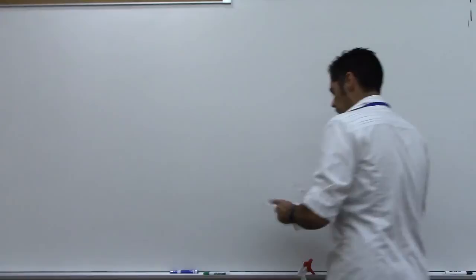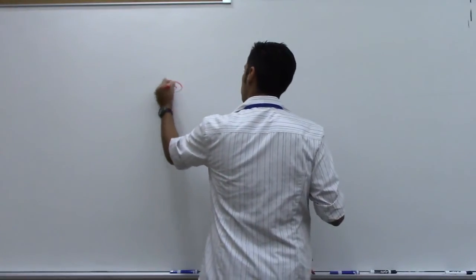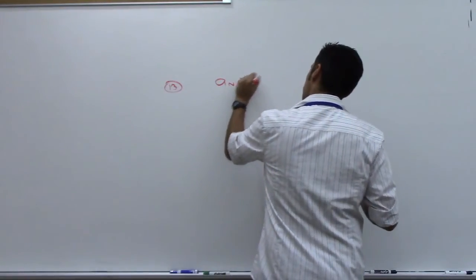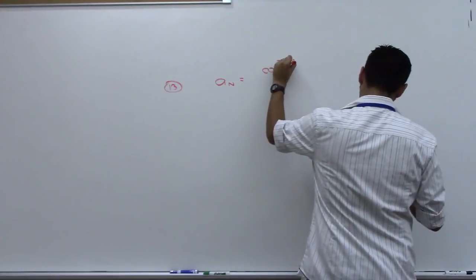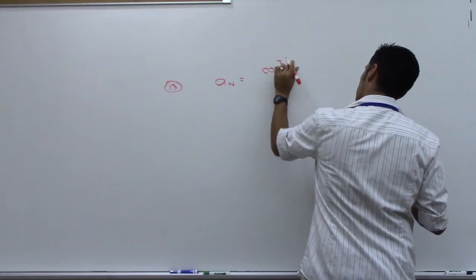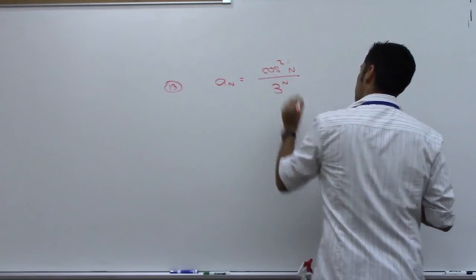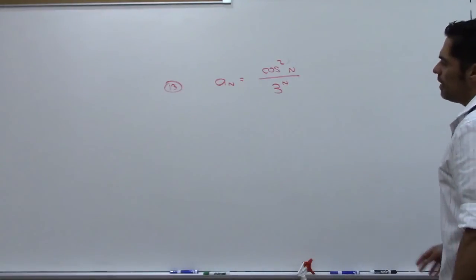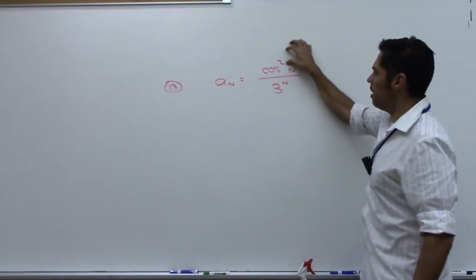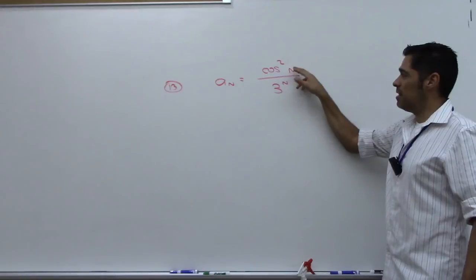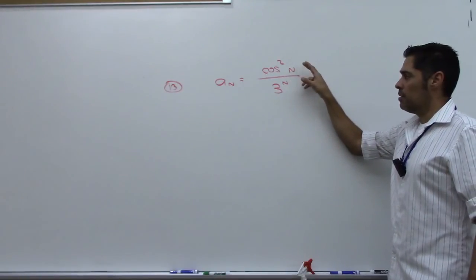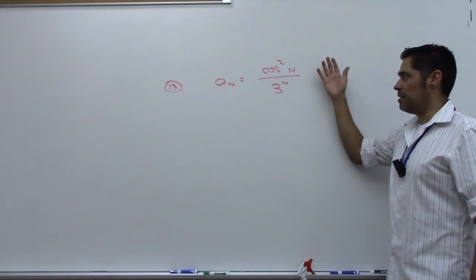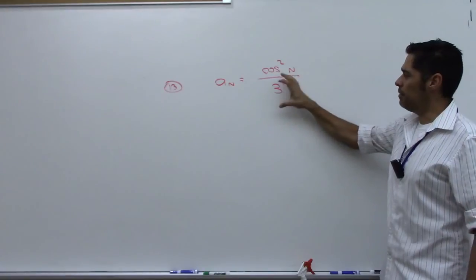So on 13, a sub n is cosine squared n over 3 to the n. So as n gets bigger, we already said cosine oscillates and it doesn't go anywhere. So you might think, okay, this one doesn't exist, but the bottom is going to infinity.